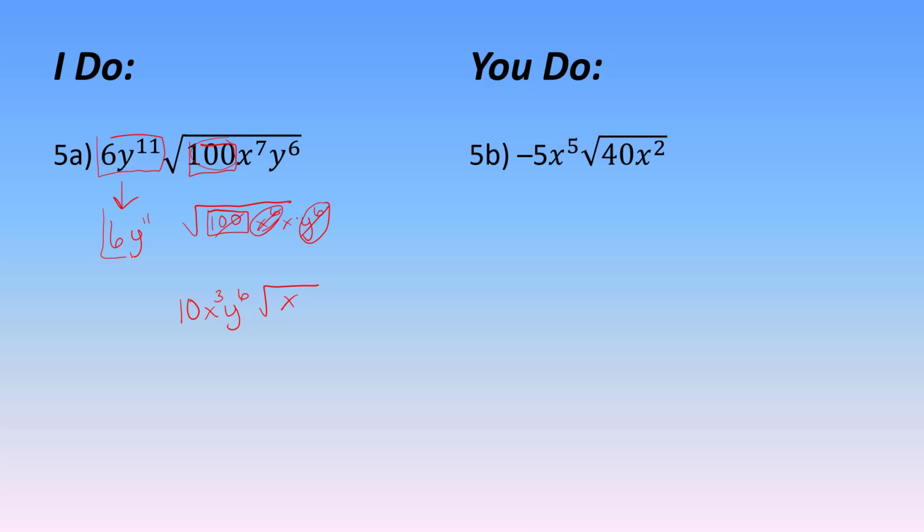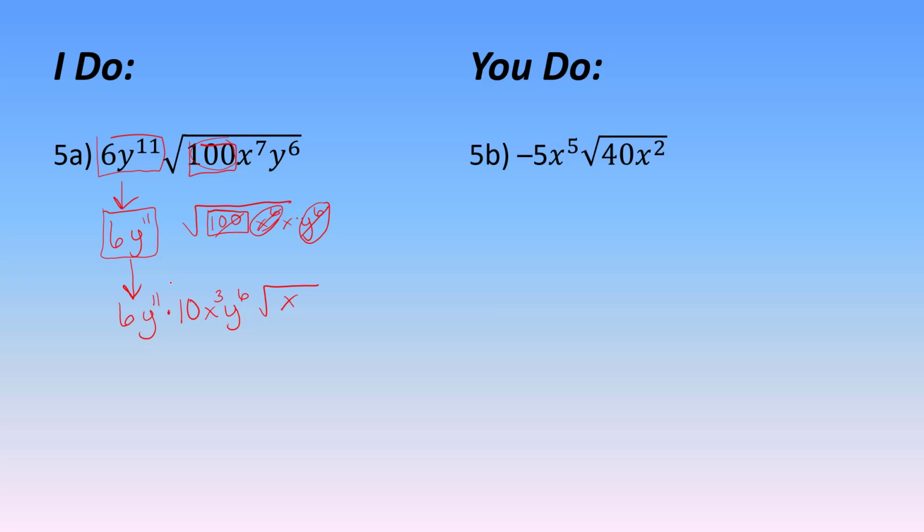Now remember, in our previous step, we just dropped this down because we didn't do anything with it. Now we're going to drop it down again. 6y to the 11th times 10x cubed y to the 6th. We remember back to our exponent laws that tell us we can't have coefficients that are not multiplied together, and we cannot have any variables with like bases, any powers with like bases. So we need to simplify these further.